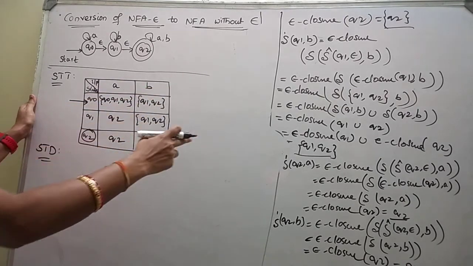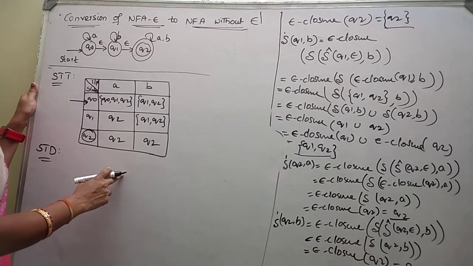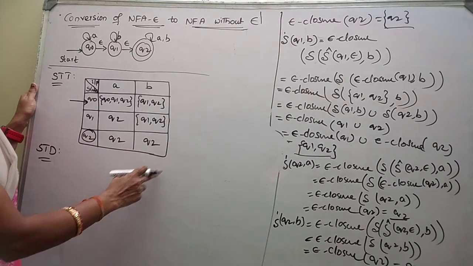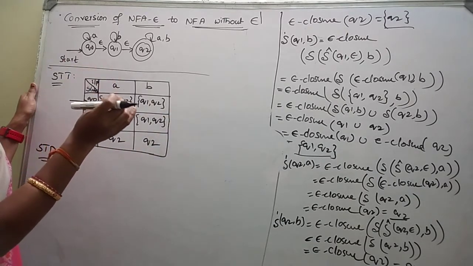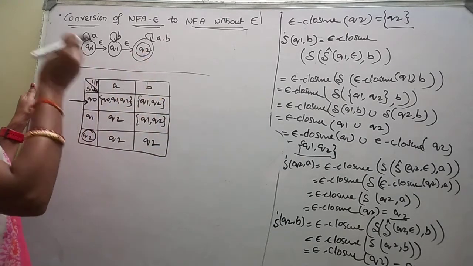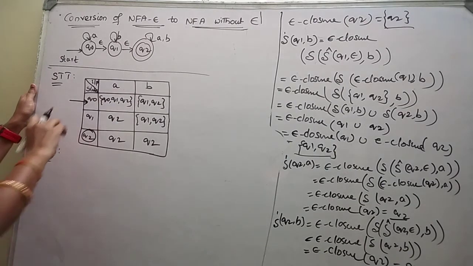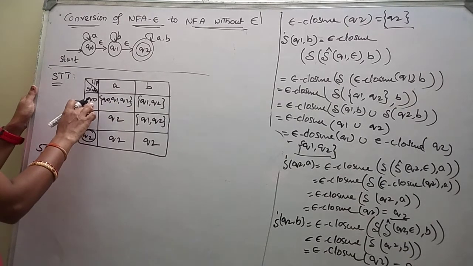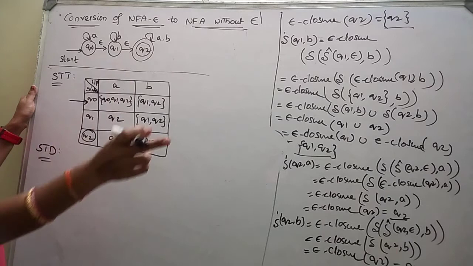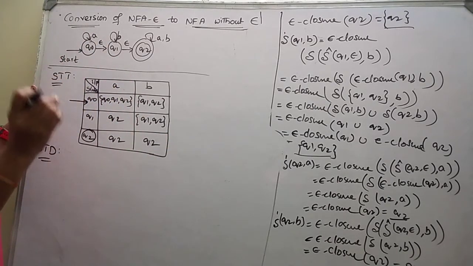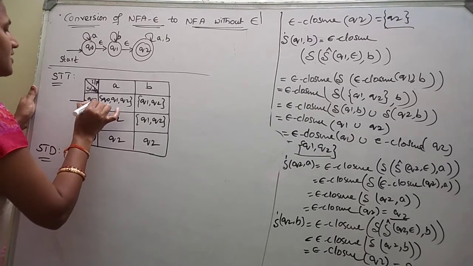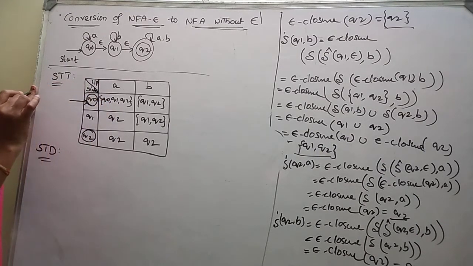In the epsilon closure, if the final state appears as one of the resultant states, then its corresponding state is also a final state. What is epsilon closure of Q0? Q0, Q1, Q2. In that resultant set, did we get a final state, that is Q2? Yes, that means Q0 is also a final state.